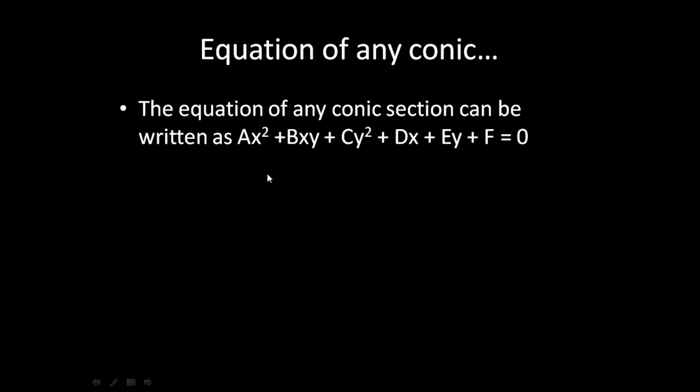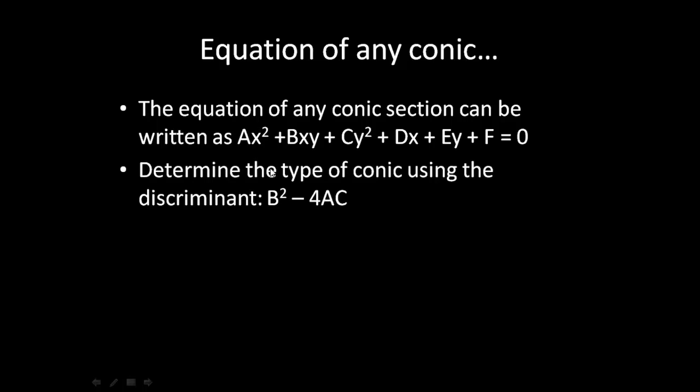or a hyperbola. But we've got a way that we can figure out which type of conic we have before we proceed with trying to write it in standard form or graph it or do any of that type of stuff. And what we're going to use is the discriminant.